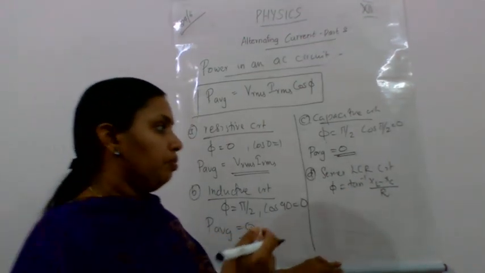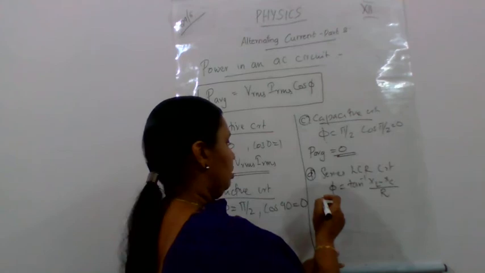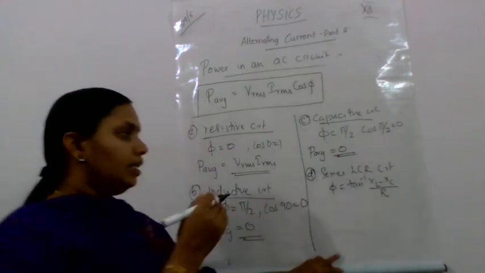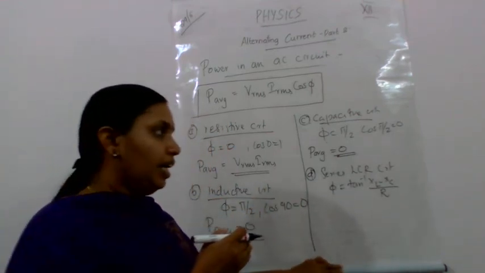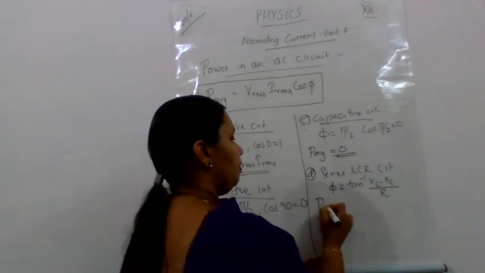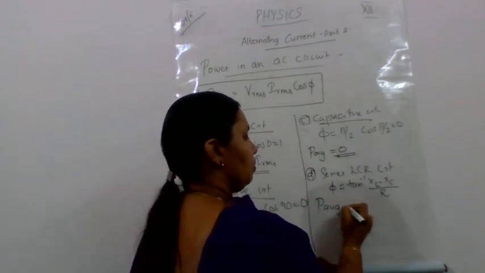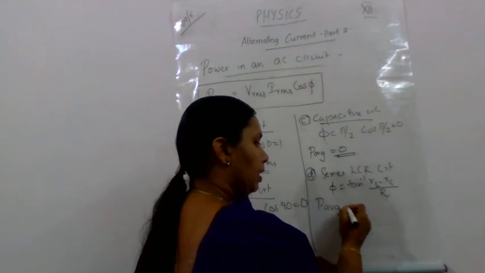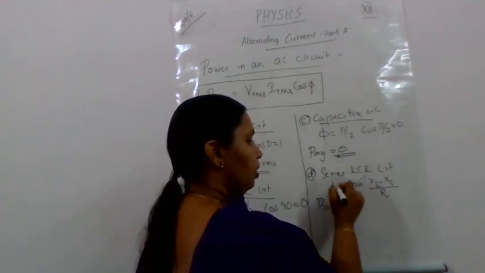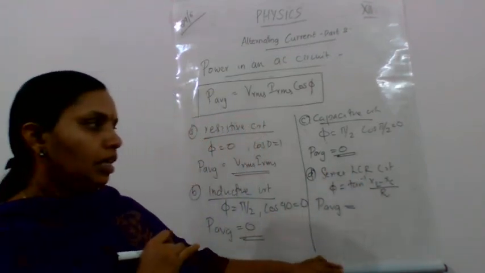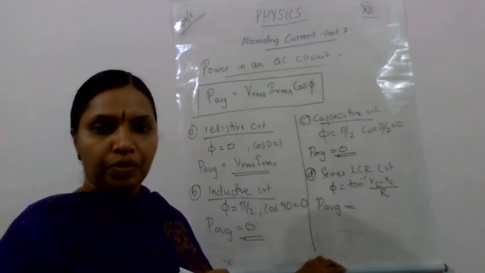Phi is not equal to 90 degrees; there will be a value for phi. So the average power won't be equal to 0. There will be power consumption according to the value of phi.